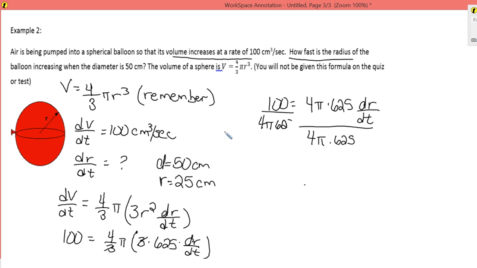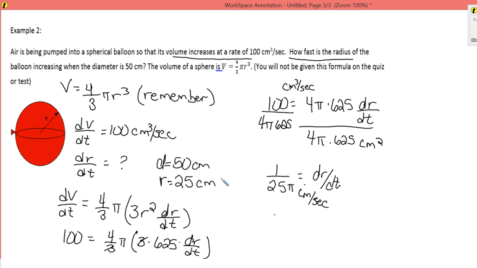And I think if my math is correct, that should give me 1 over 25 pi is equal to dr/dt. Now remember, the units are important here. This was in centimeters cubed per second, and this was in centimeters squared. So dividing centimeters cubed by centimeters squared should give me centimeters per second.